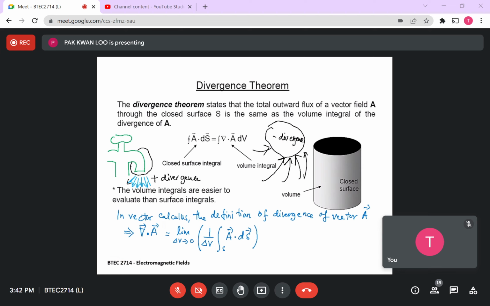So I will give you an example of how we are going to apply this. What I'm going to explain here relates to the divergence theorem.